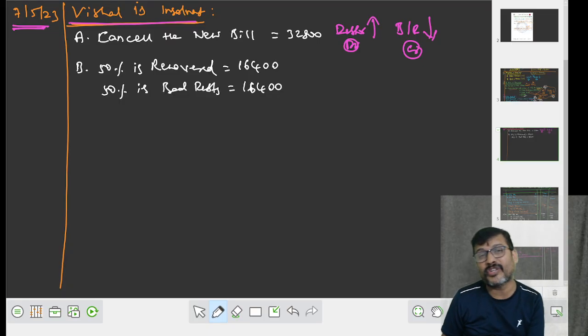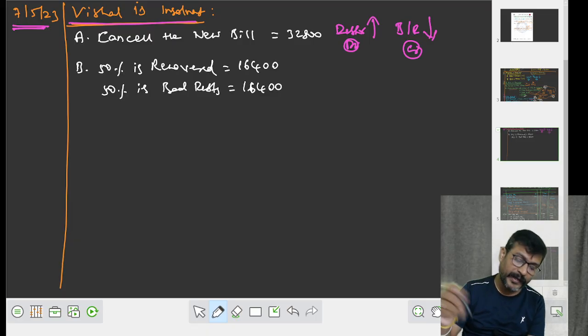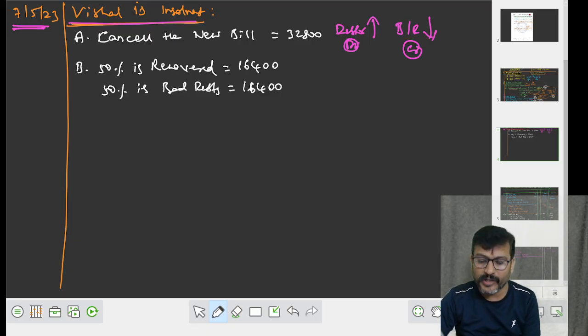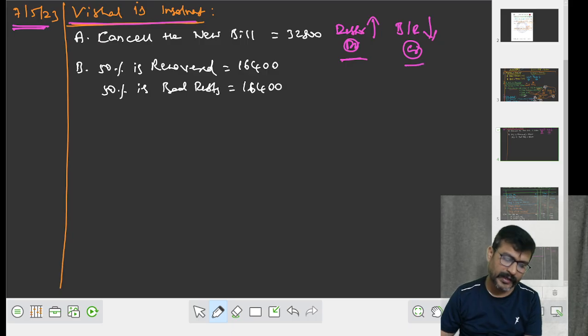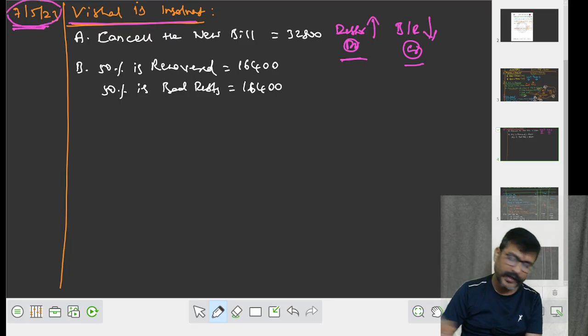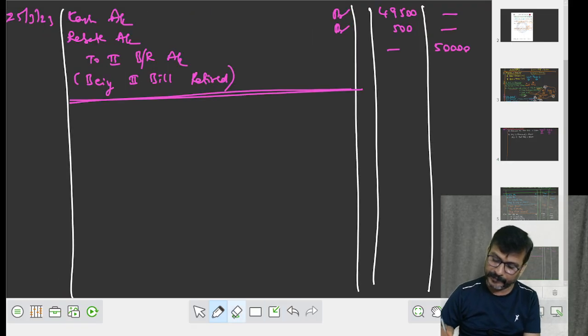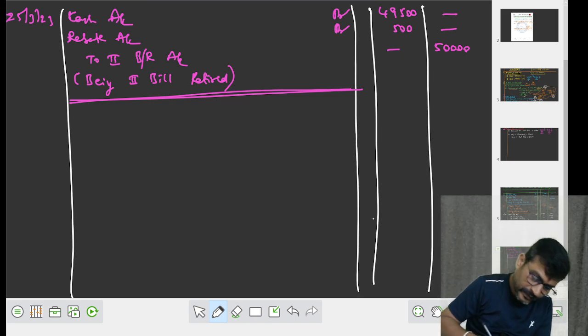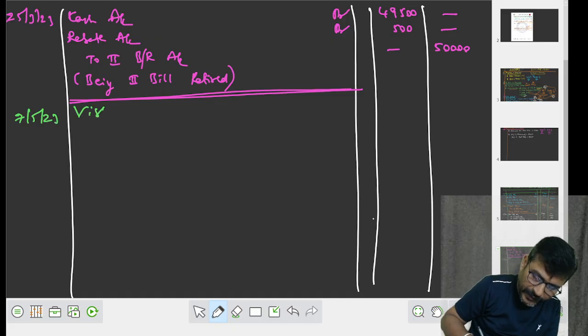It is neither endorsed nor discounted. Now entry क्या होता? Vishal's account debit to BR account. कौन सा BR ये? Renewed BR or new BR on 7th May 23. When? 7th May 23.